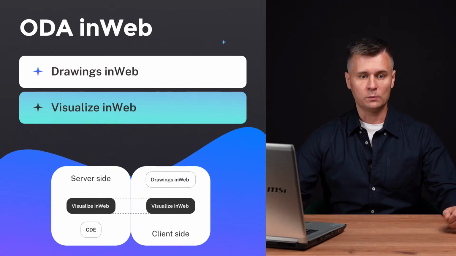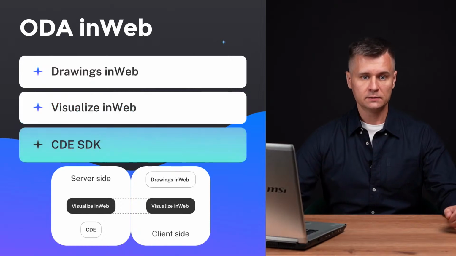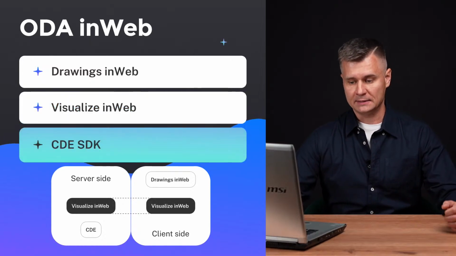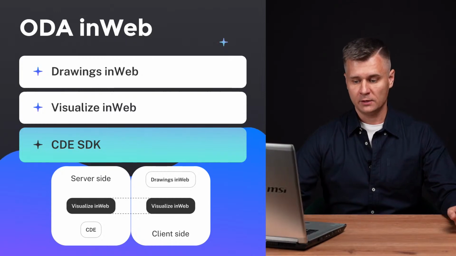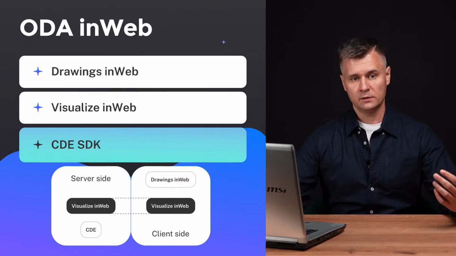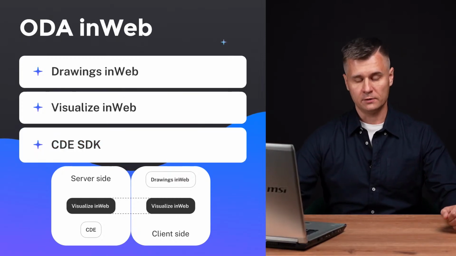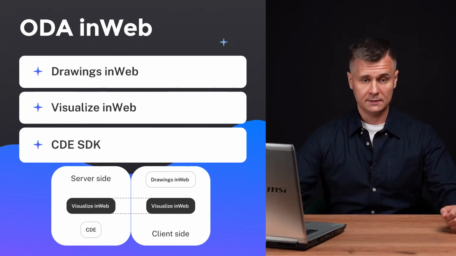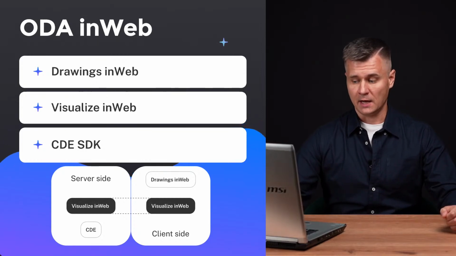And CDE, Common Data Exchange SDK, is primarily used on the server side. During today's session, we will move from client to server, describing all these three SDKs, how they work and how they may be utilized for your tasks.